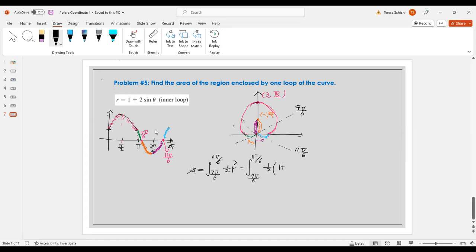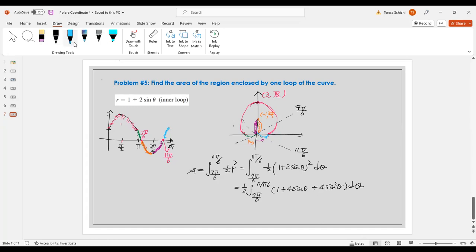You just do the integral of (1 + 2 sin θ) squared dθ here. Then you can do a simple trig identity. So it's 1/2 times the integral from 7π/6 to 11π/6 of 1 + 4 sin θ + 4 sin² θ dθ.